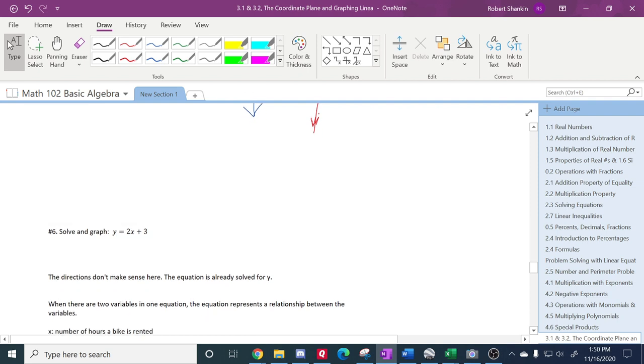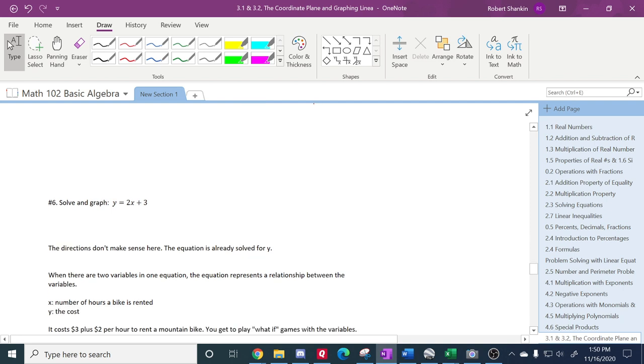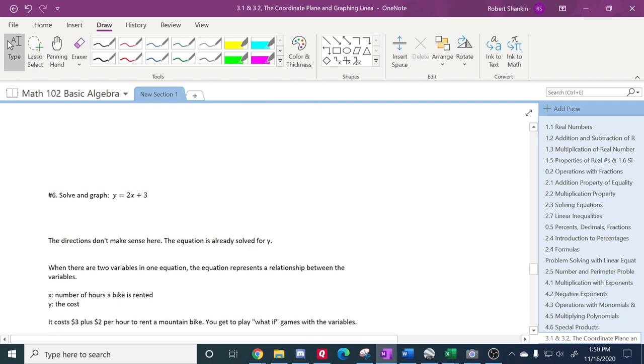When there are two variables in one equation, the equation represents a relationship between the two variables. So it's all about relationships now, instead of just solve this equation. For instance, x represents the number of hours a bike is rented and y is the cost of renting a bike.